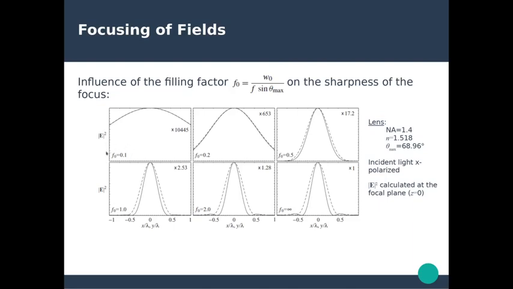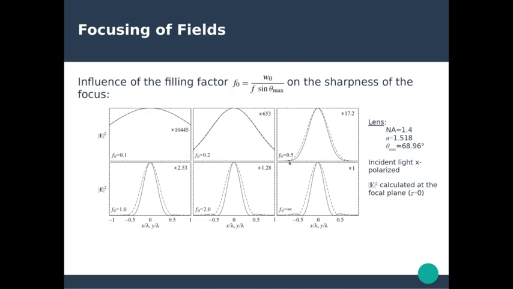When you have an underfilling or a low filling factor of 0.1, which means that the beam waist is 10 times smaller than the back aperture diameter, then you obtain a very large laser spot. So this is the spot that you obtain to actually illuminate your object.